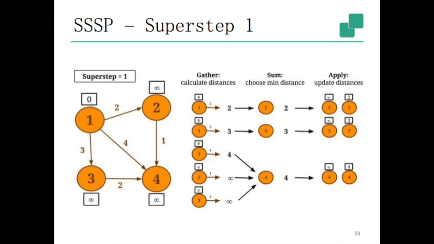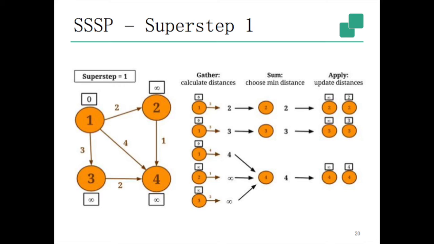So let's see again on the famous example. What happens here is that, as opposed to Pregel, this gather step happens in parallel, and then gather, sum, apply. 1 sends 0 plus 2 to 2, 0 plus 4 to 4, and 0 plus 3 to 3. Then 2 sends infinity plus 1, 3 sends infinity plus 2.